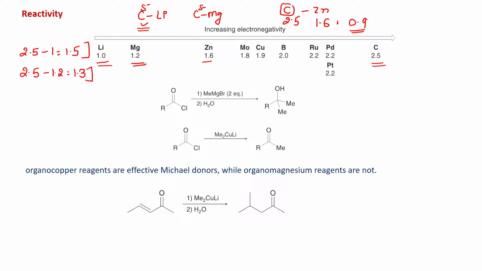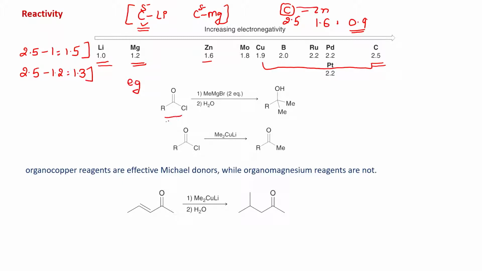So carbon bonded with zinc is less nucleophilic than carbon bonded with lithium. So it means carbon-magnesium and carbon-lithium compound reactivity is very high compared to carbon bonded with zinc or carbon bonded with copper. So let's take an example.